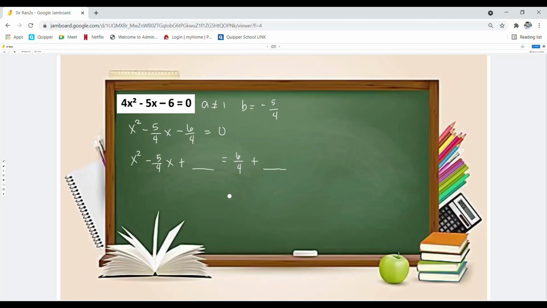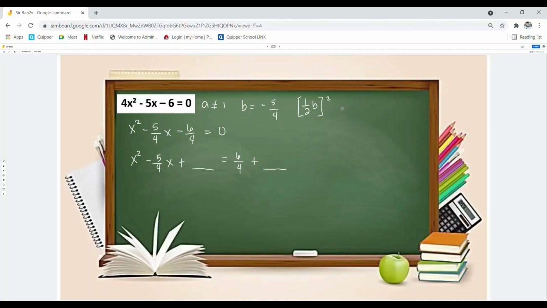So what do we fill out here in the third term? You know your b, and you have the formula 1/2 of the b, then raised to the power 2.